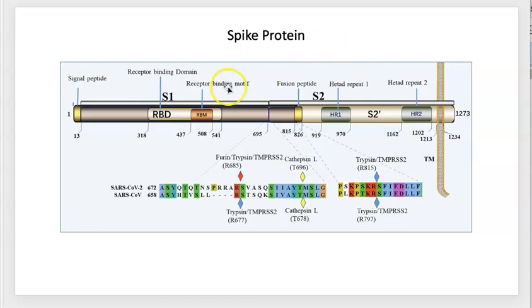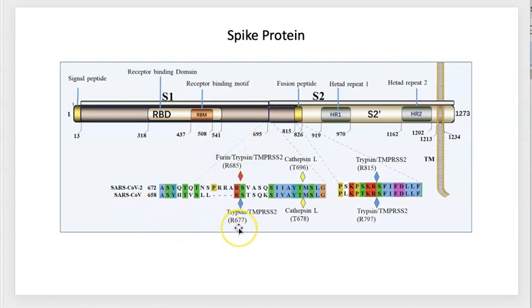But in between these domains, S1 and S2, are these cleavage sites. For example, for SARS-CoV-2, the furin and TMPRSS2, this transmembrane serine protease, and trypsin proteases can cleave at various sites. And again, the purpose of that cleavage is to cut here and expose the fusion peptide so the virus can actually get into the susceptible host cell.